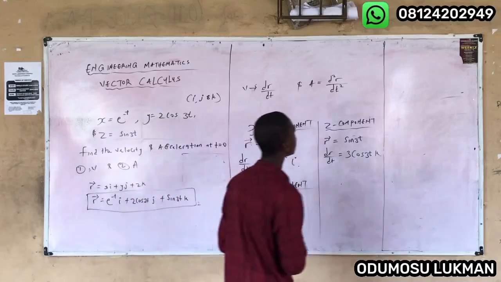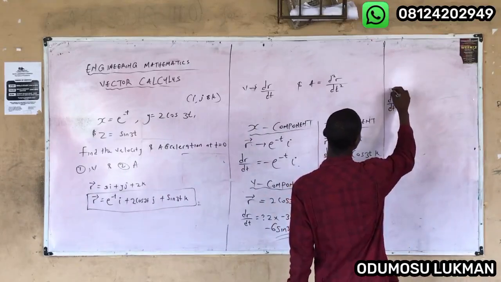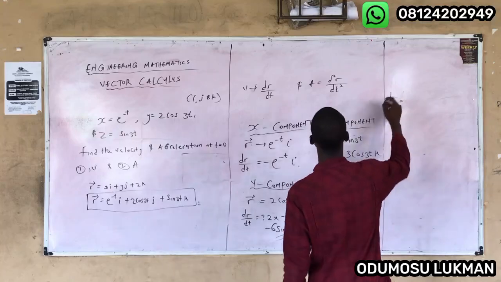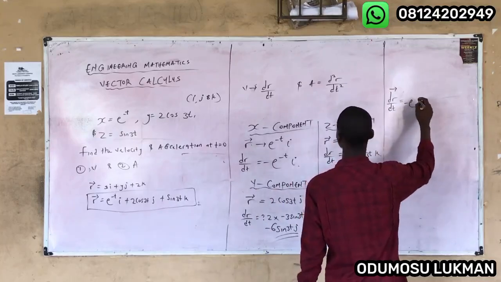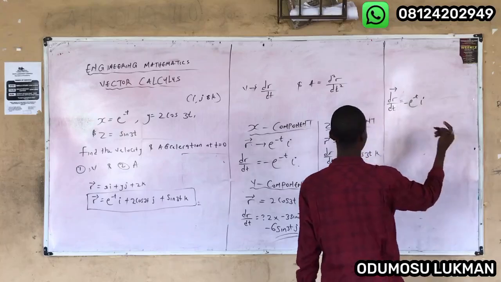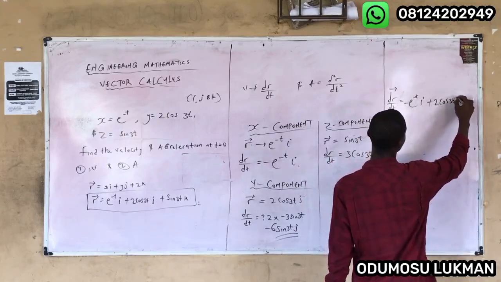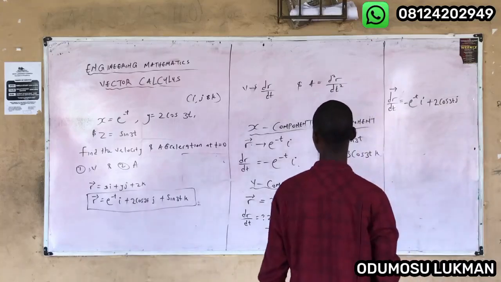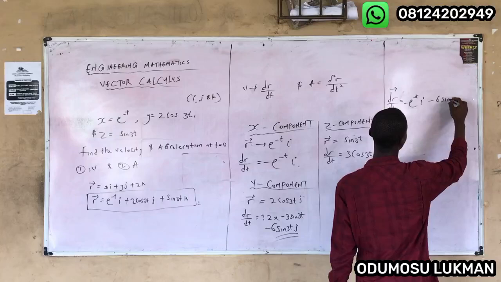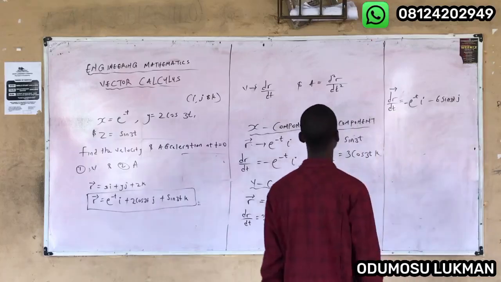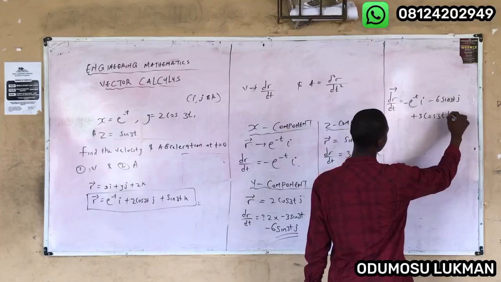You understand? So by doing that, we have that dr/dt is equal to minus exponential minus t i, plus 2 cos 3t j, minus 6 sine 3t j, plus 3 cos 3t k, right?